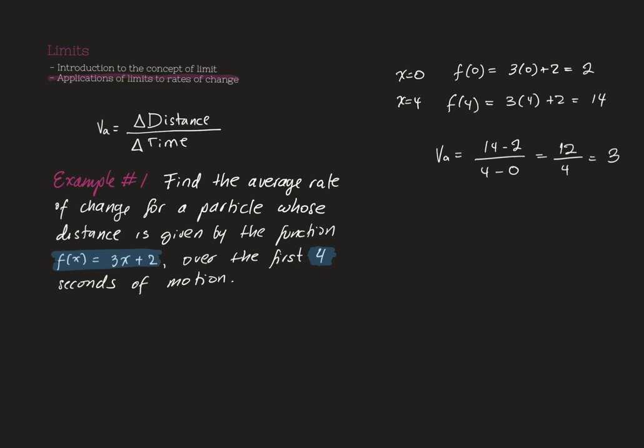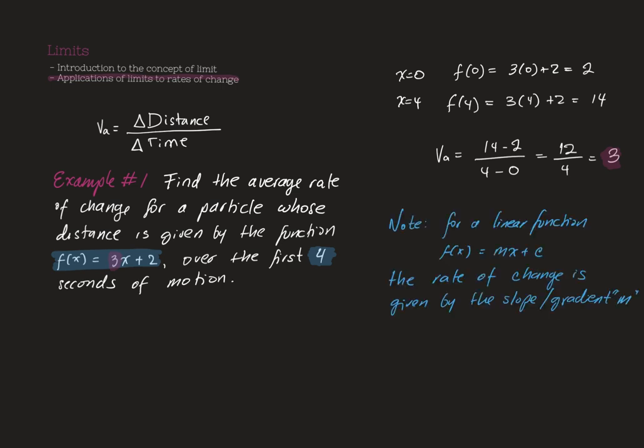The average rate of change is 3. Now look at this. The average rate of change that we found is 3, and the slope of this linear function is also 3. For a linear function, the rate of change is given by the slope of the line.